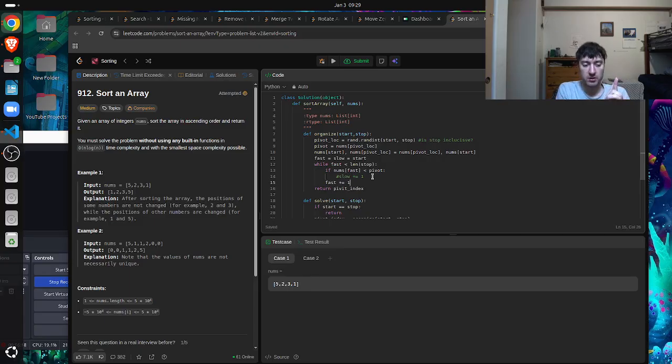If we're here, and it is smaller than the pivot, I swap with myself, which is fine. Here, if fast is smaller than the pivot, I swap with myself. Here, if fast is not smaller than the pivot, right, it's bigger, I move my fast over and not my slow.